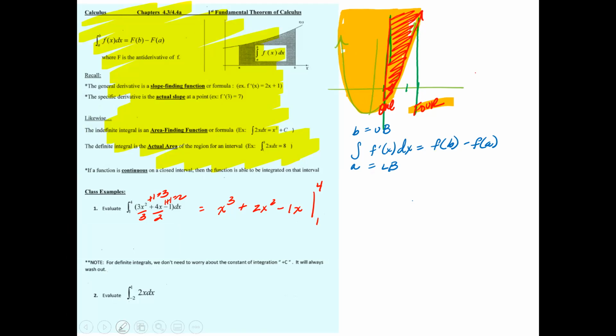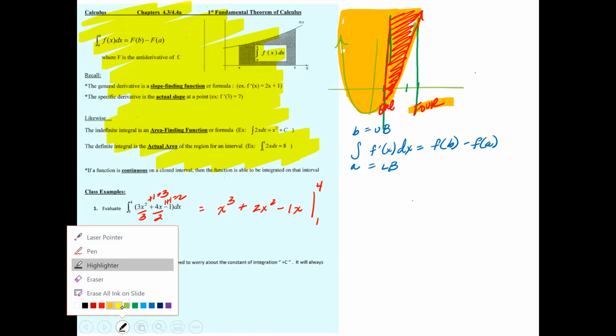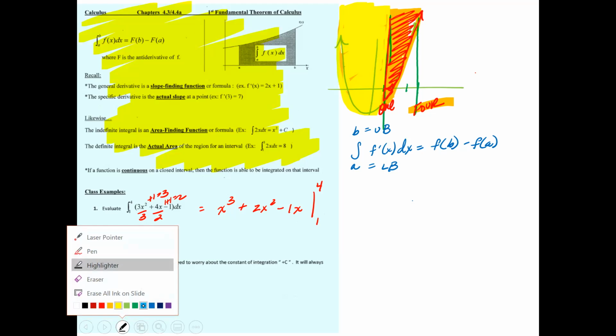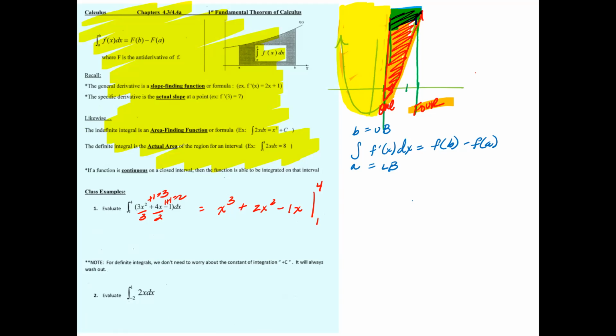And the area of 1 is, again, everything from left to right, so left to the 1. So this yellow region right there. So if I take the orange region minus yellow region, what is that going to give me? It's going to give you this blue region, which is exactly what you're trying to find between 1 and 4. So that's why it's always the bigger upper bound minus the lower bound.